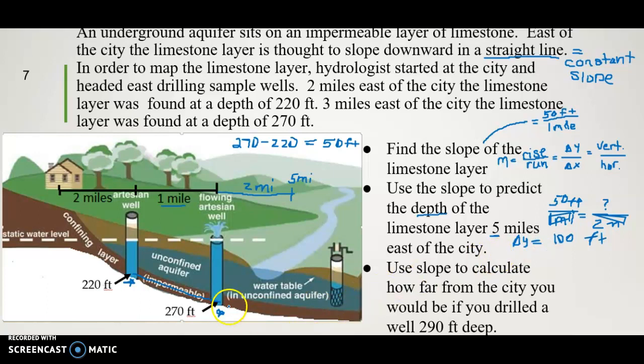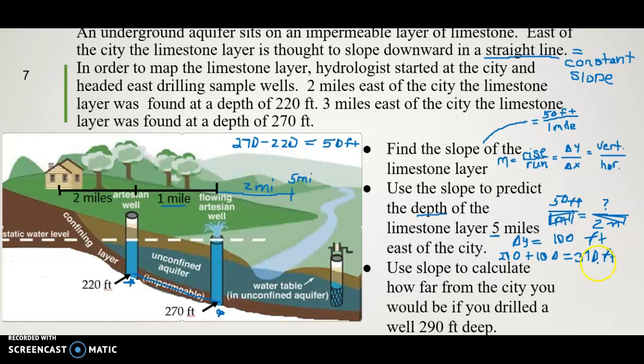So at the 3 mile mark, which is where I moved from, there was a depth of 270. From that point there is a change of 100. And so we actually get an answer here of 370 feet.